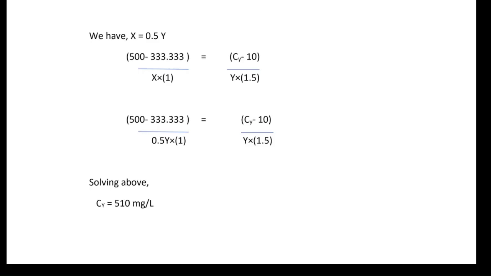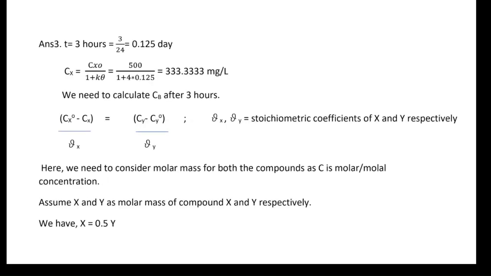We know the initial values. Cx naught minus Cx here on the reactant side. On the reactant side it is initial minus final, and on the product side final minus initial, or we can put a minus sign here.